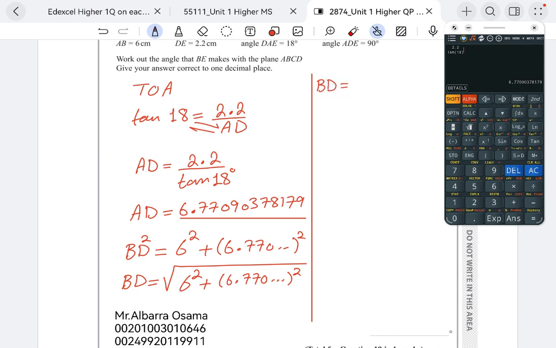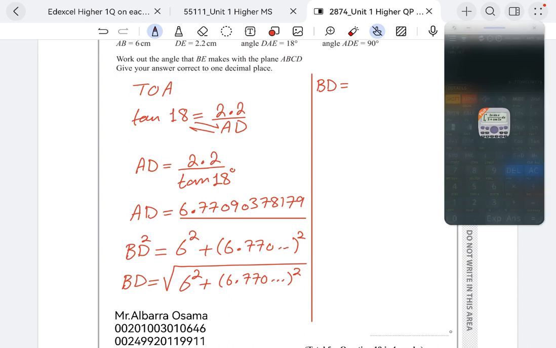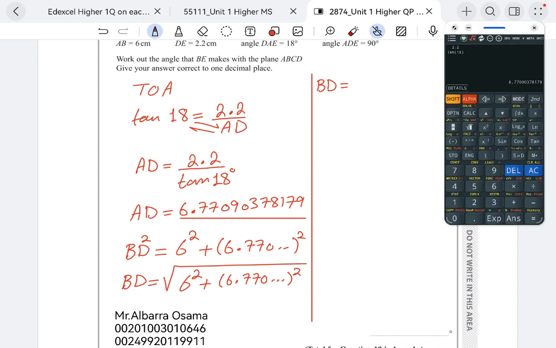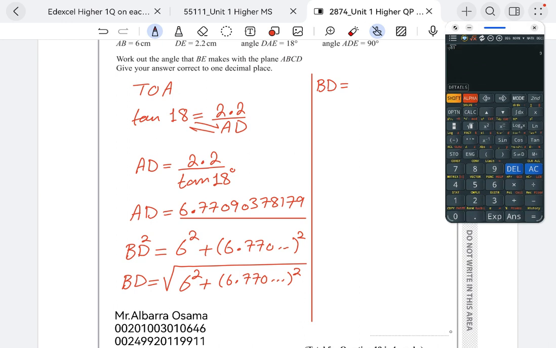Here's the calculator. Already you can see that you have the 6.7 and so on. Let us square it. Here's the square of the answer, plus 6 squared, which is 36. Now we end up with 81 point something. Let us take the square root of this answer. I made a mistake here. Let us repeat this again.